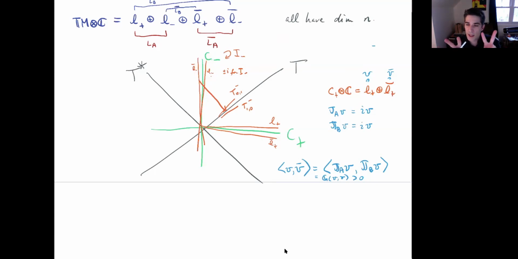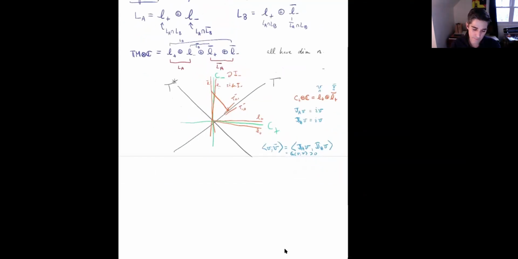But they're separated out. Instead of having them on the same bundle, the tangent bundle, we've taken the plus Dolbeault bundles and moved them up to C plus, this isomorphic subbundle, and we've taken the other ones and moved them down. That way we separate the complex structures into independent spaces.